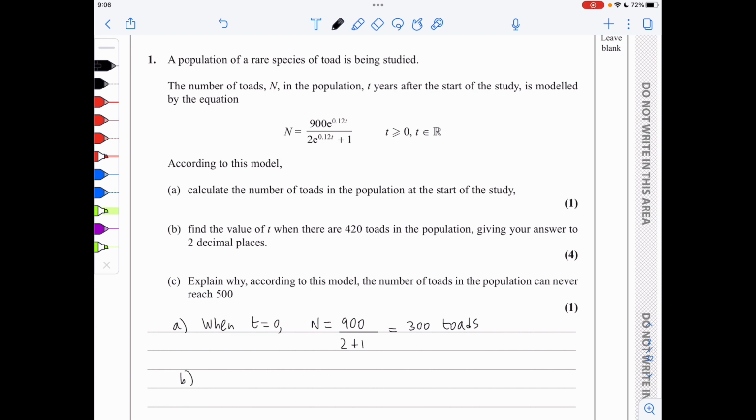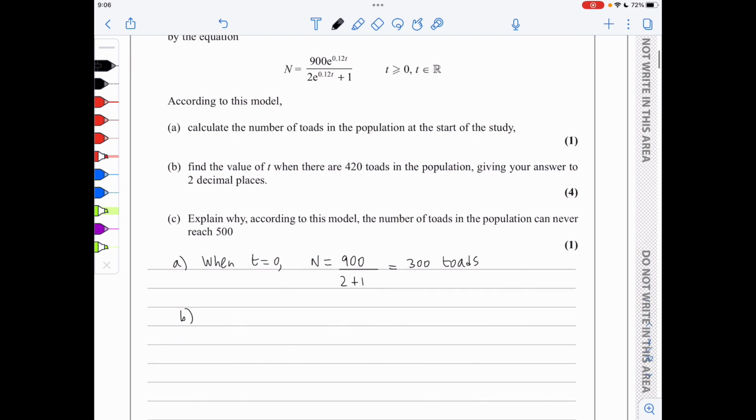In part B, we need to find the value of t when there are 420 toads. So we're being asked to solve 900 e to the 0.12t over 2e to the 0.12t plus 1 is equal to 420.